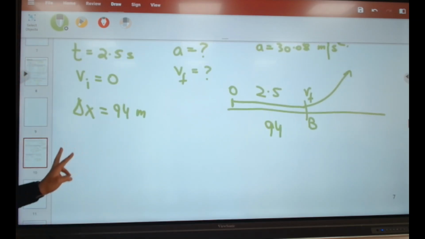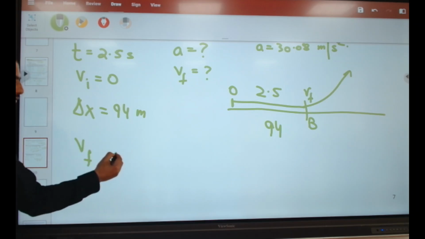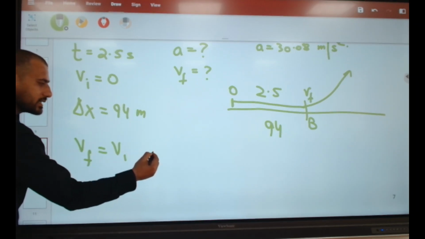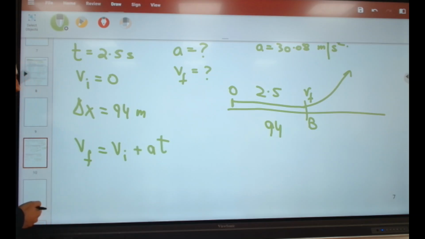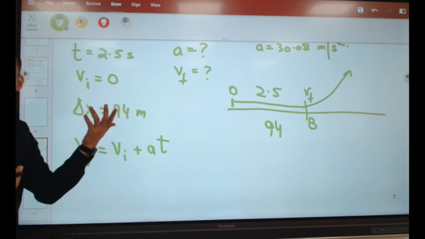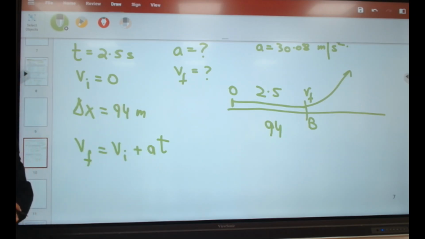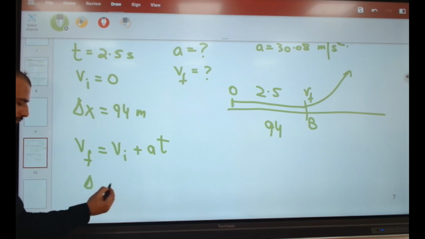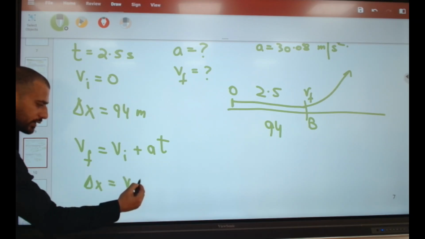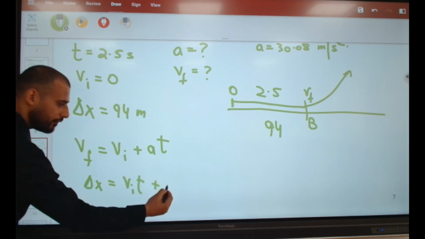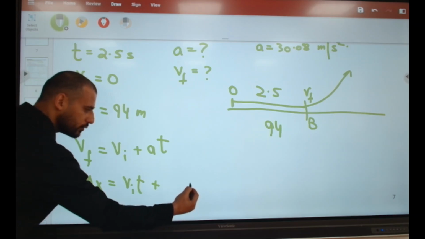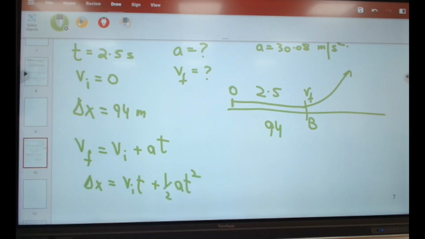If I write the first equation of motion for you, then the final velocity is equal to the initial velocity plus acceleration into time. Can I use this equation? Why? Because final is unknown, acceleration is unknown, problem, isn't it? Then we have one more, that delta x is equal to v initial into time plus half of acceleration into time squared, right?